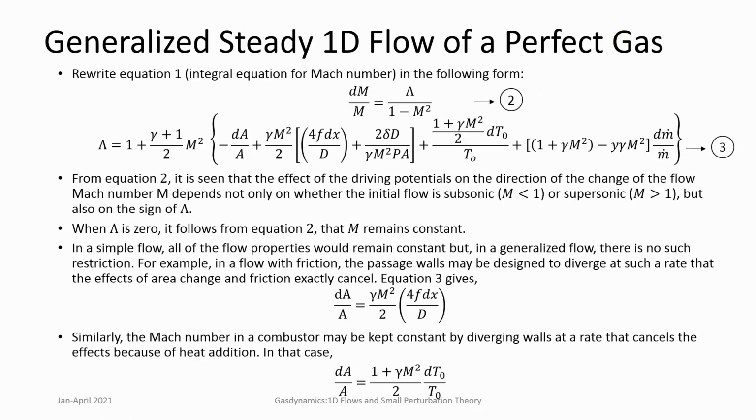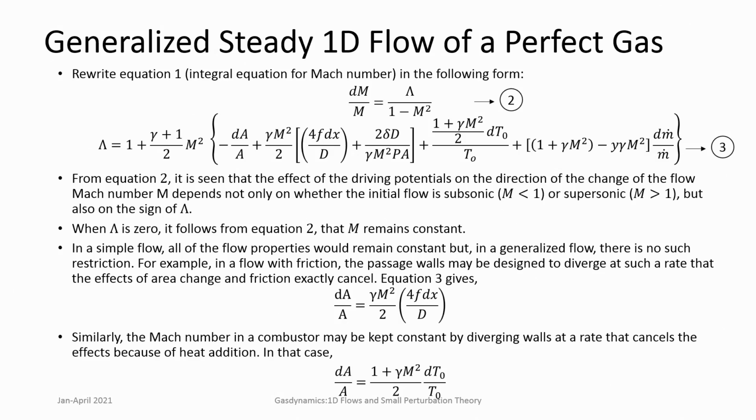So, the entire thing can be clubbed together as lambda. So, this complete expression is lambda. Lambda now has the influence of all various parameters. Now if you see, your dM by M is lambda by 1 minus M square. So, we can look at what will happen if lambda has different signs, similar to what we were looking at for area change or friction or heat addition separately.